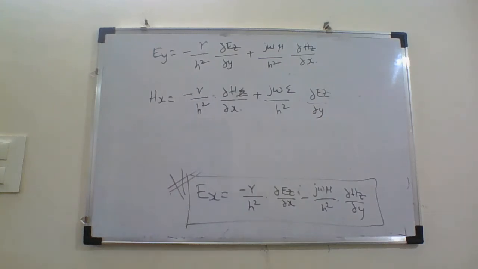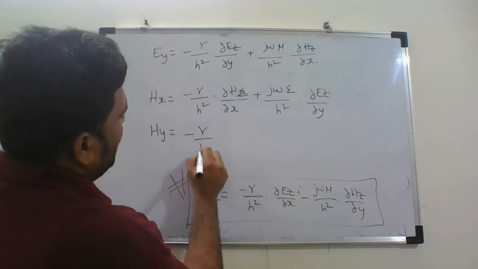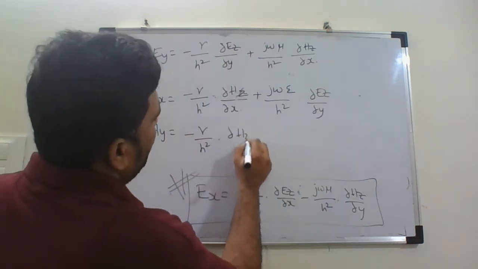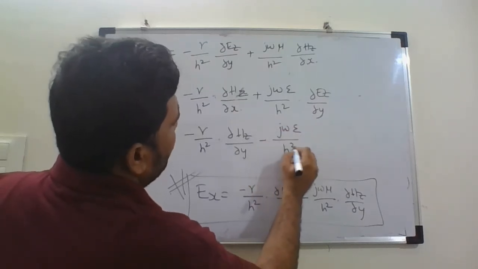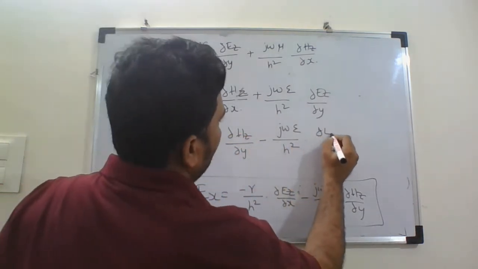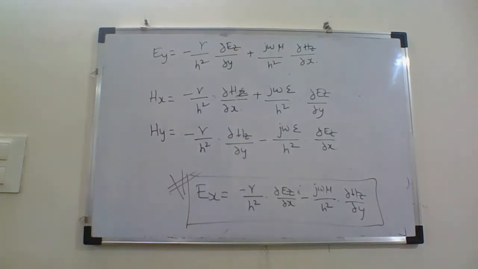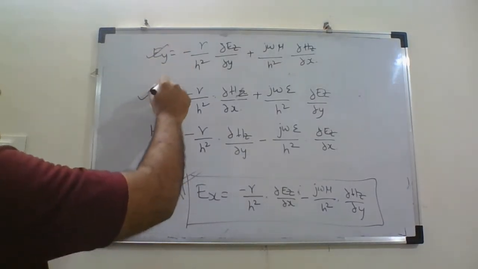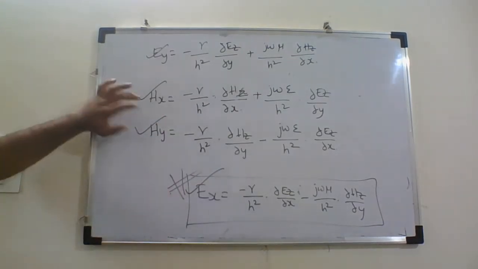Similarly, Hy is equal to minus gamma by h square into dou Hz by dou y, minus j omega epsilon by h square into dou Ez by dou x. These are the expressions for Ey, Hx, Hy and Ex.